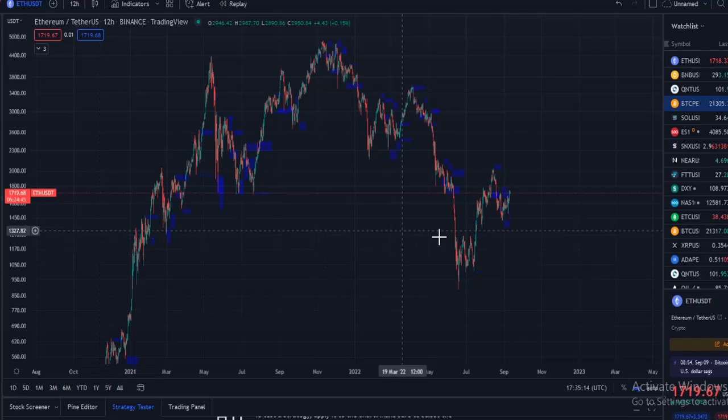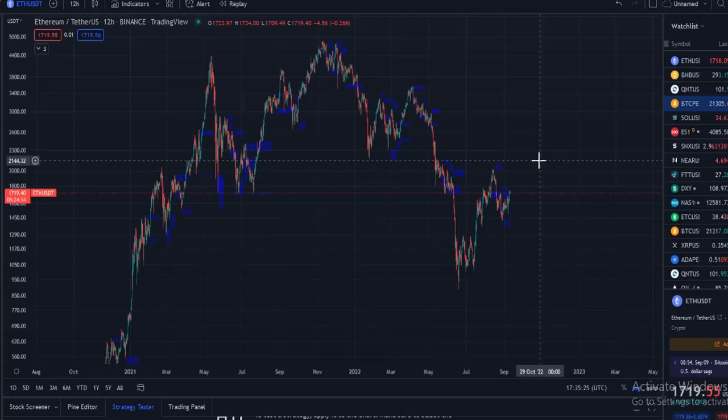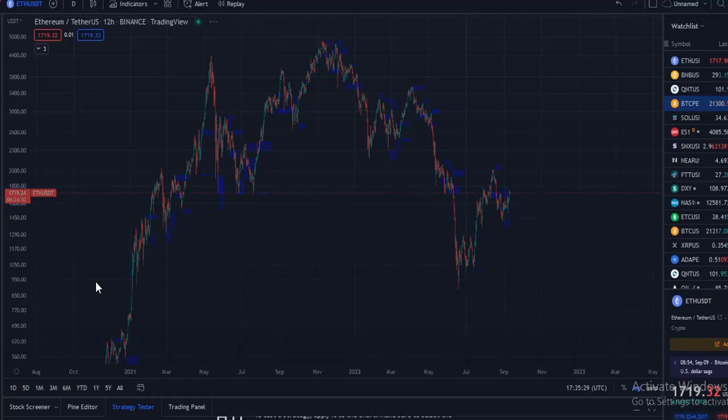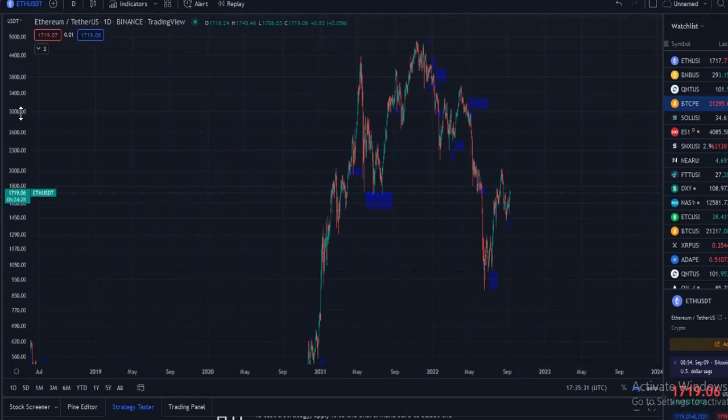As you can see, we're already at a resistance point. If we exceed this up to the 1,800, and if we exceed that, then we're looking at the $2,000 region. And even on the daily, we could see the same thing happening.